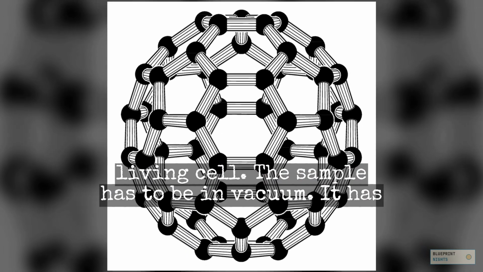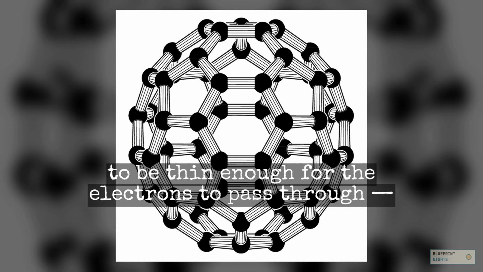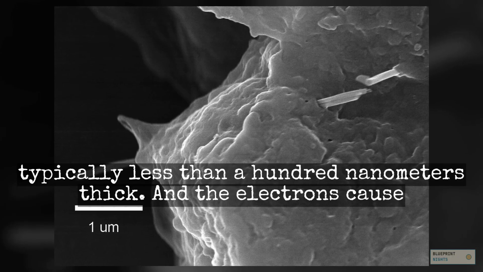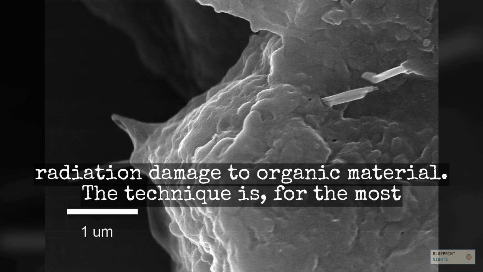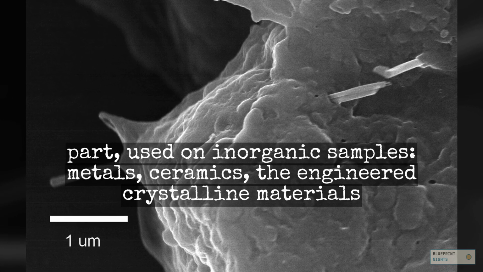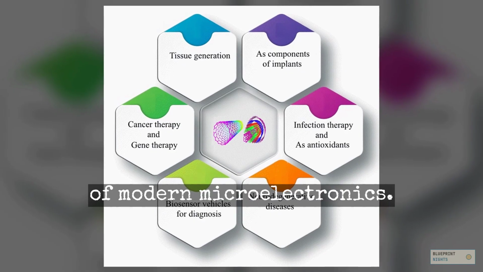The sample has to be in vacuum. It has to be thin enough for the electrons to pass through, typically less than 100 nanometers thick. And the electrons cause radiation damage to organic material. The technique is, for the most part, used on inorganic samples: metals, ceramics, the engineered crystalline materials of modern microelectronics.